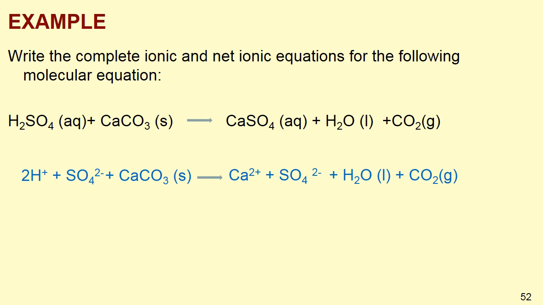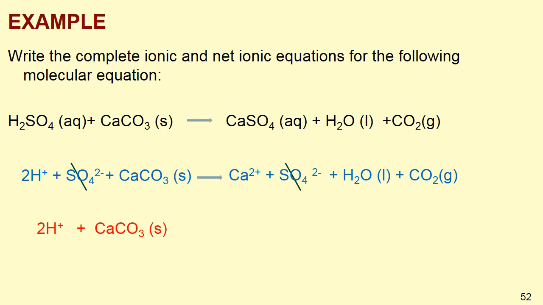This time, we see that only the SO4 -2 can cancel out. The H plus is not the same on both sides. It's an H plus on the left-hand side, it's an H2O on the right-hand side. The calcium cannot cancel out because it's a Ca +2 on the right-hand side, but it's a CaCO3 on the left. So the only thing that can cancel is the SO4.